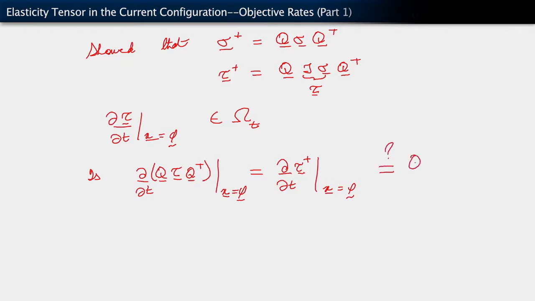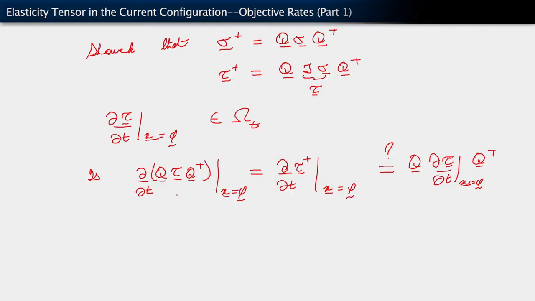Is this in particular equal to Q times the material time derivative of tau times Q transpose? Essentially, we're asking, does this material rate also transform objectively? Does it also do the right sort of thing? Because then we know how to write its components.